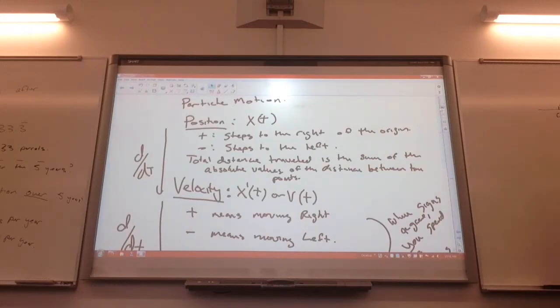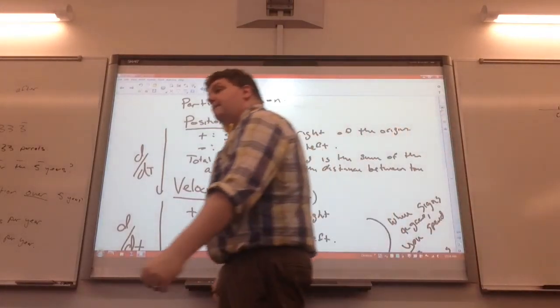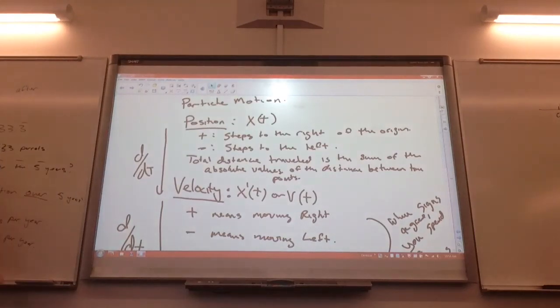In my second I move 2 more spaces, so my total distance traveled there is 4. In my third second, I move back 3 spaces. Well, that's still 1, 2, 3, 4, 5, 6, 7 spaces. So my total distance traveled would be 7 units there. Does everyone see that? Even though my distance away from the origin is only 1 at the end. Make sense now? All right.